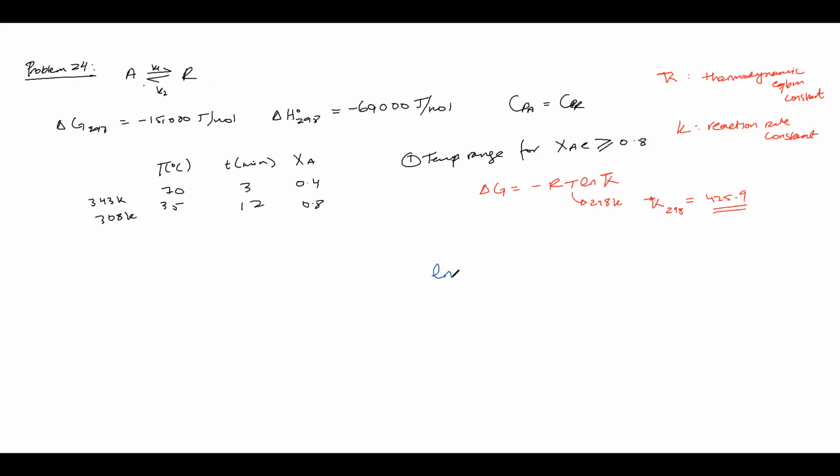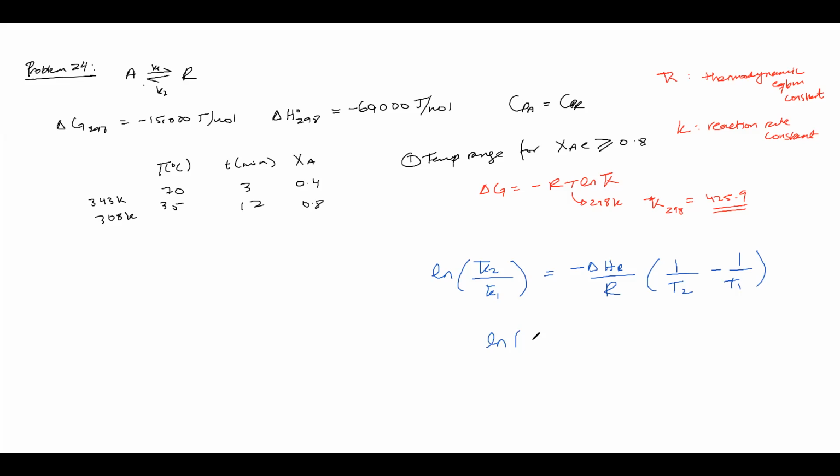So I'm going to get ln of K2 over K1 is equal to minus delta H over R, 1 over T2 minus 1 over T1, right? I can denote T1 to be 298 and K1 will be the K at 298.